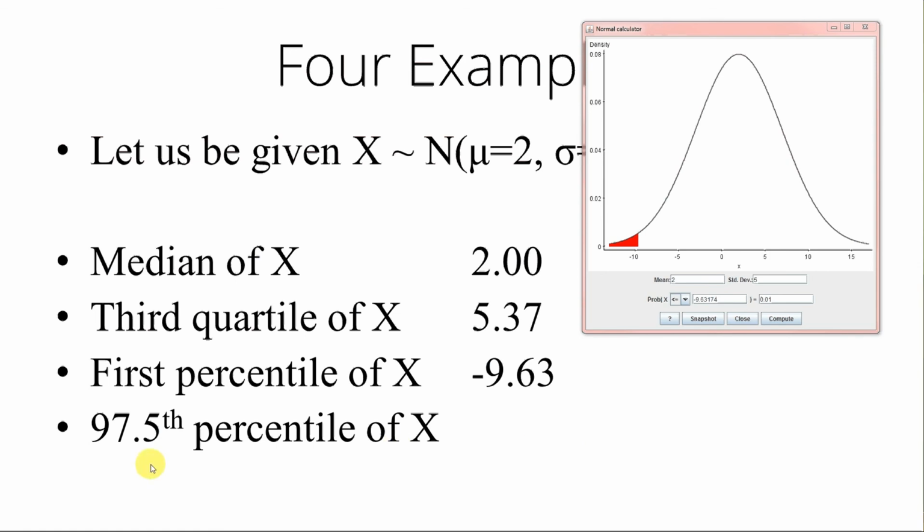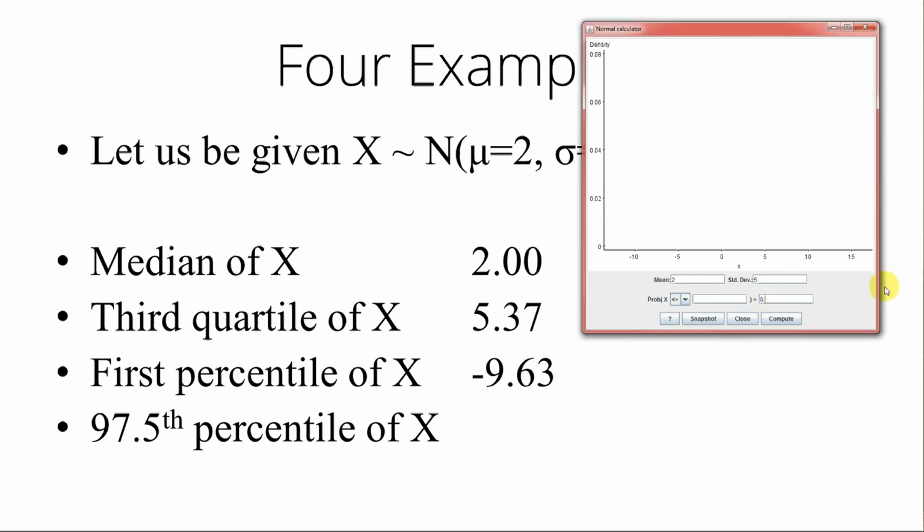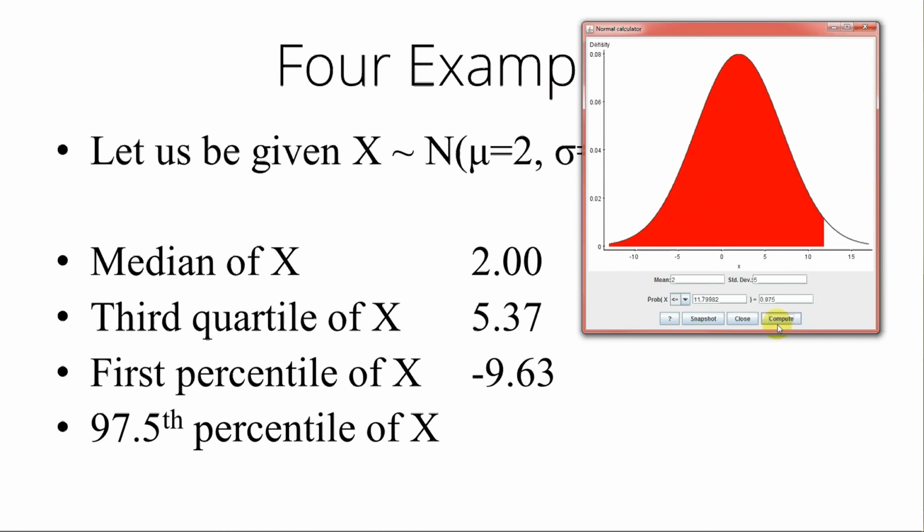And finally, the 97.5th percentile of x, well, 97.5% is 0.975. So in this, we'll go 0.975, compute. And we're told that the 97.5th percentile of x is 11.80. Or if we want all of the values, it's 11.79982.